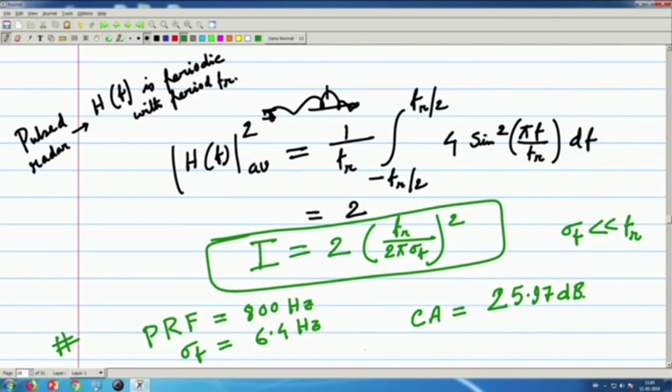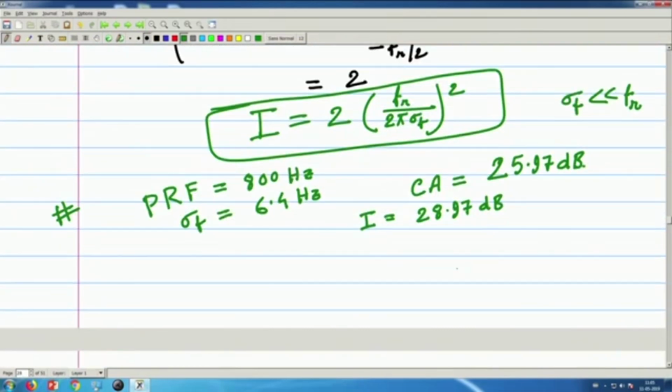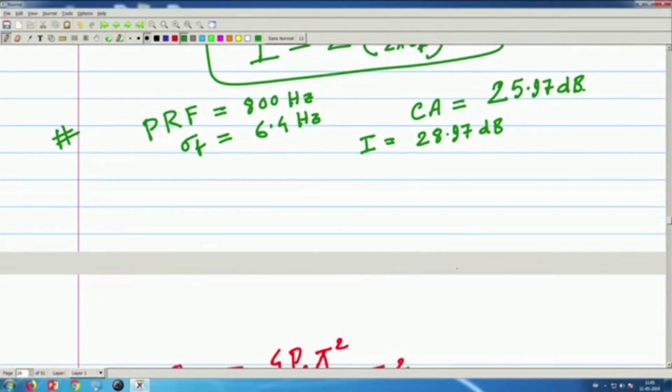So, the MTI improvement factor for this will be almost 29 dB. So, you see that the MTI filter is giving 29 dB, a very good gain, even with a single DLC. And actually you can now calculate what it will be if instead of a single DLC I use a double DLC, etc.